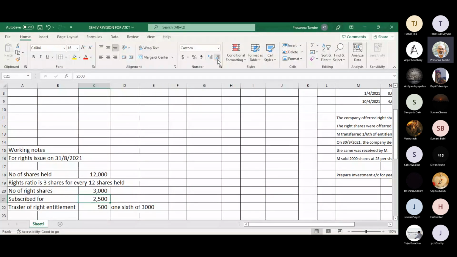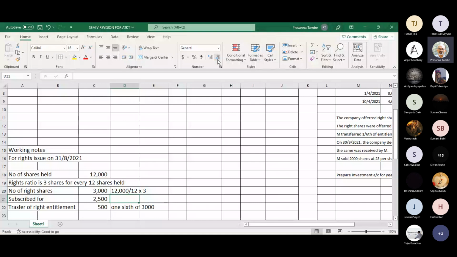The ratio is given as 3 shares for every 12 shares held. So to calculate the number of shares, it will be 12,000 divided by 12 multiplied by 3. That's how he is eligible for 3,000 shares. Has everyone understood this?